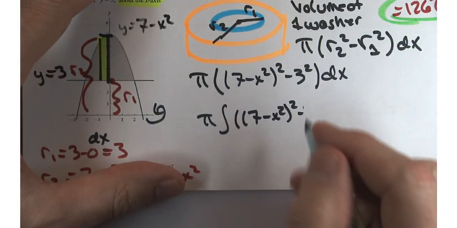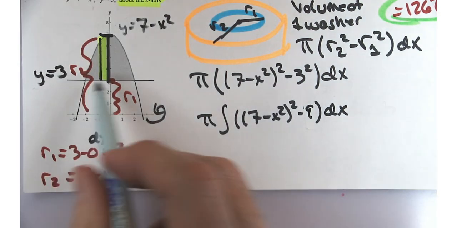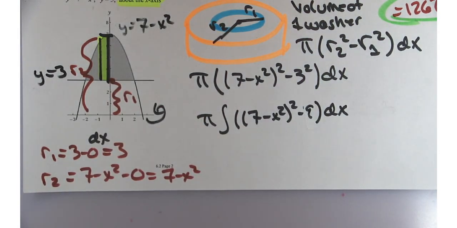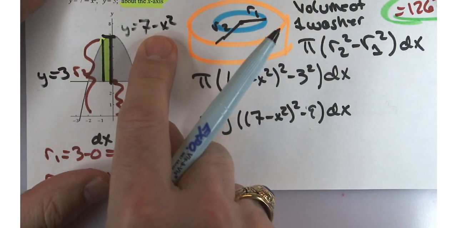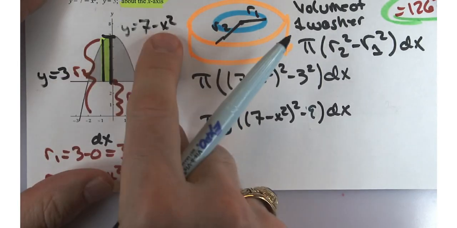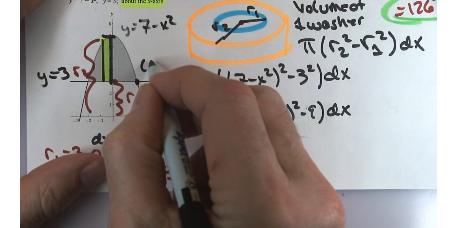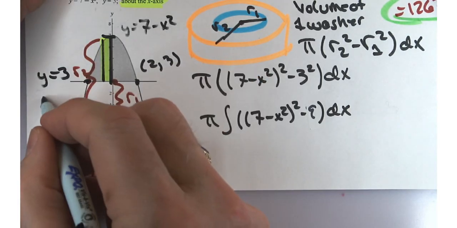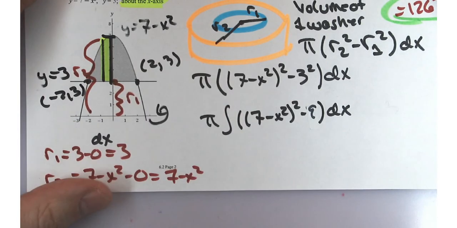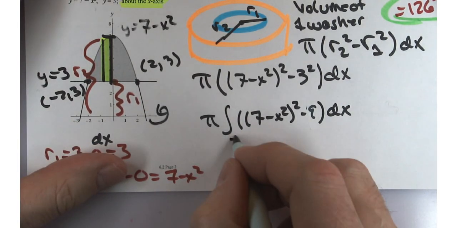How would you find the limits of integration? Yeah, you'd have to set y equals 3 equal to 7 minus x squared. So when you solve there, you'll end up with 2 and negative 2. So that point's going to be 2 and 3. This point's going to be negative 2 and 3. So keep in mind that you might have to solve for those kinds of things. Negative 2 to 2.